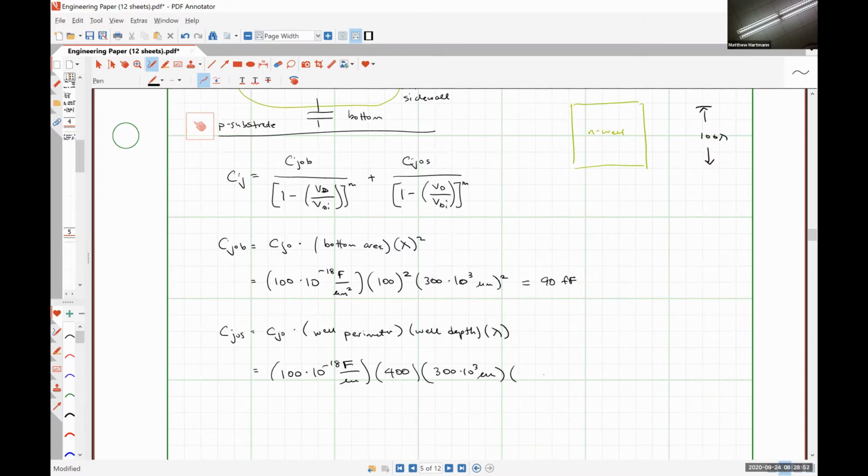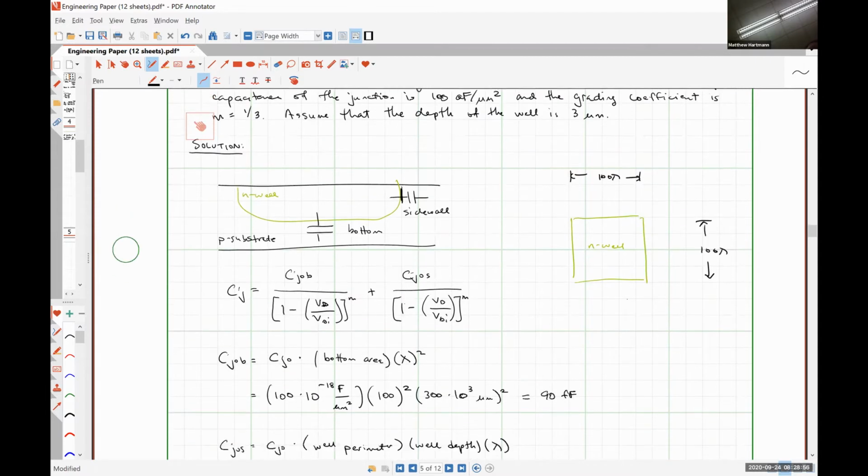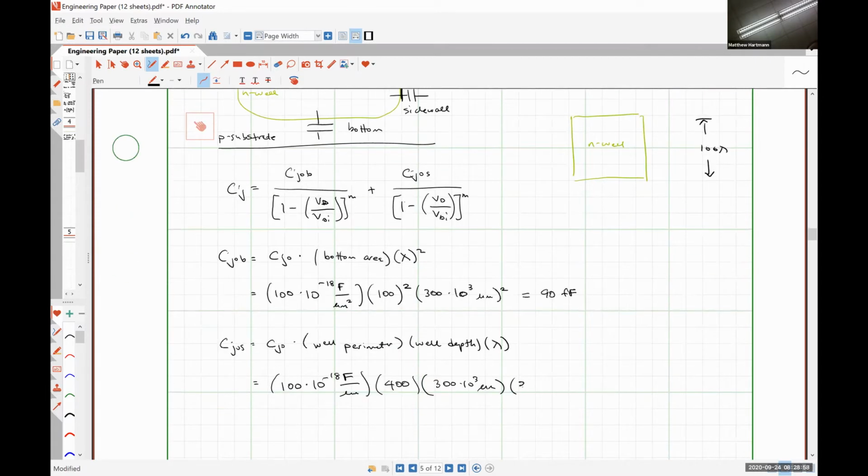And then lastly, we have our well depth, which we were told was 3 microns. And we find that this gives us a value of 36 femtofarads.